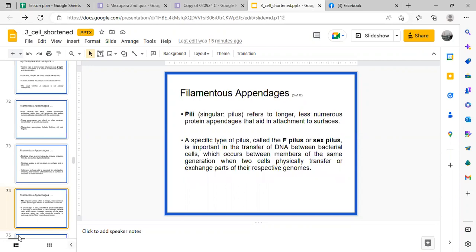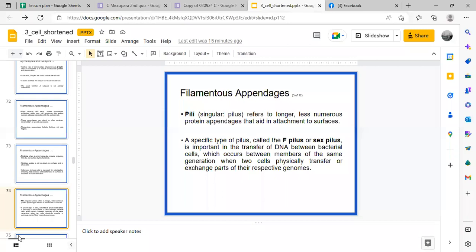Yung pili naman, this refers to the longer and less numerous appendages. So this helps in attachment to surfaces and also para sa transfer ng DNA. So yung bacteria, nagta-transfer ng genetic material, we call that conjugation.